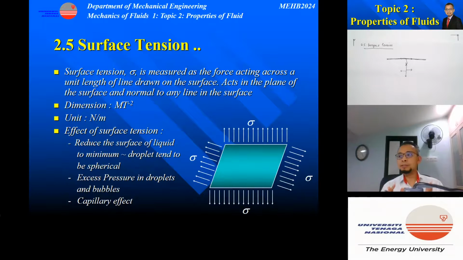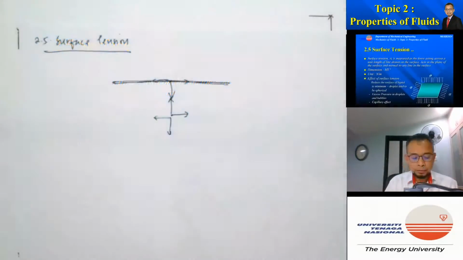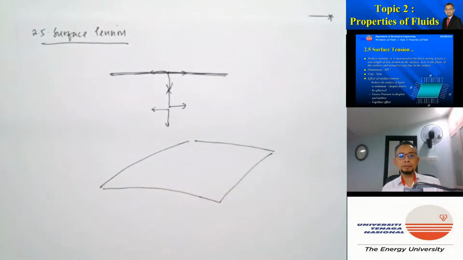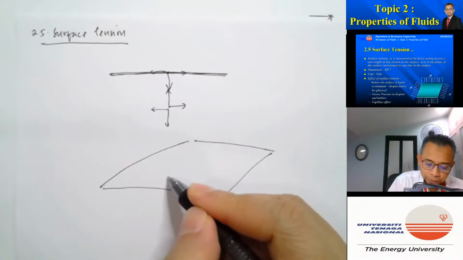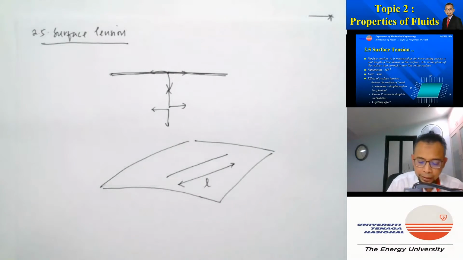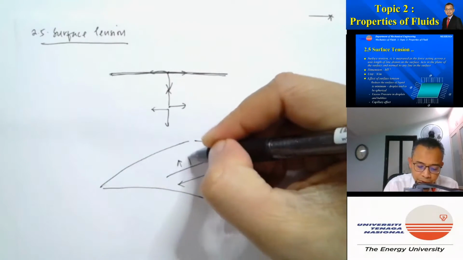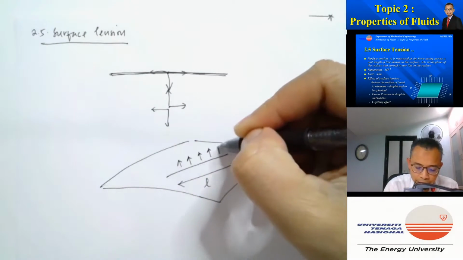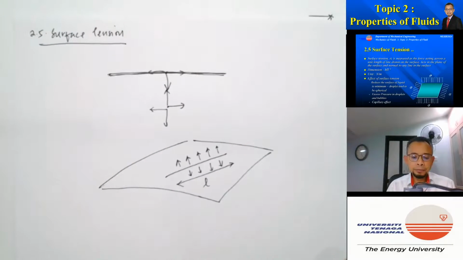Surface tension, sigma, is measured as the force acting across a unit length of a line drawn on the surface of the liquid, and it acts in the plane of the surface and normal to any line on the surface. So if I have a surface of liquid and I draw a line of length L, there will be surface tension.